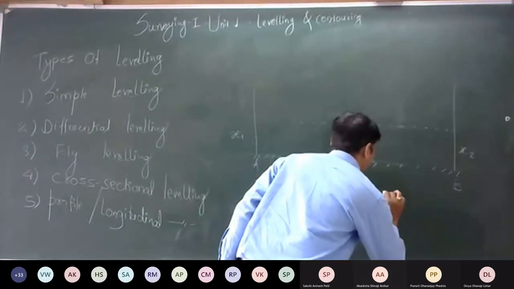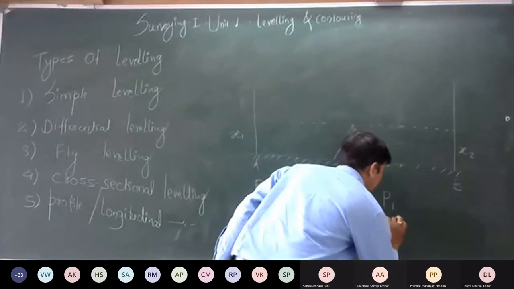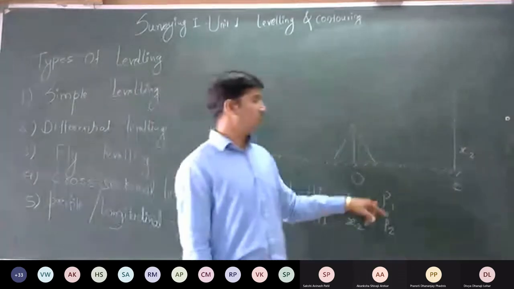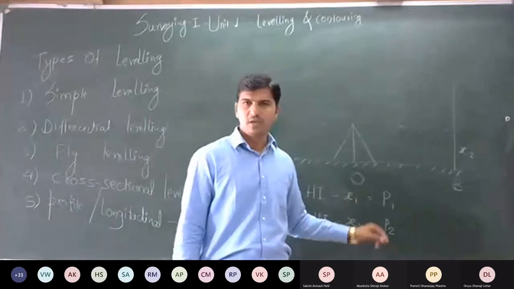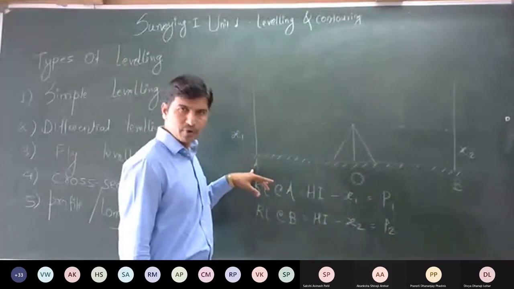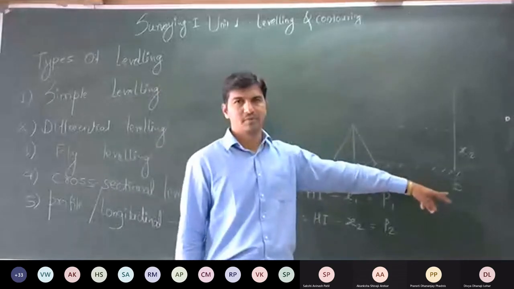Suppose this RL is P1 and this RL is P2. So the simple difference P1 minus P2 will be the required difference between point A and point B.